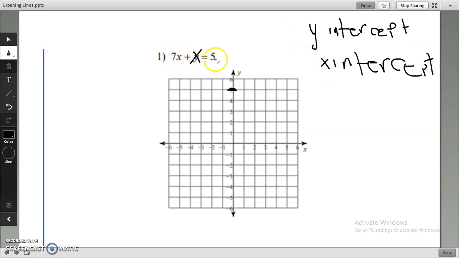I get 7x equals 5. So I need to find out what that is. So 7x equals 5. So that means x is equal to 5 over 7. So it crosses at 5 over 7, which is not really small, but it's less than 1.